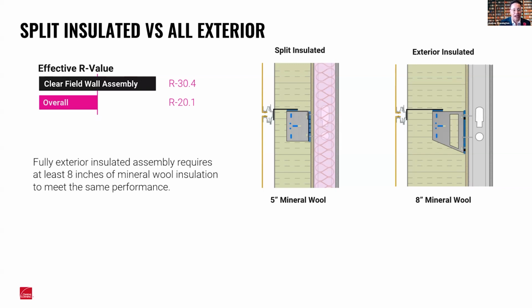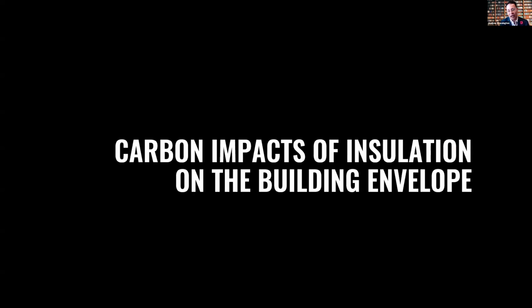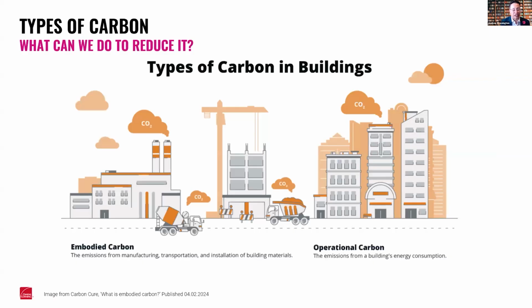There's also one more factor that I'm going to discuss when it comes to making your wall a little thinner, and that would be the carbon impacts of the insulation on the building envelope. Because when we just discussed thermal bridging and using exterior wall insulation, and we decided to cover it up, well, that's going to reduce the operational carbon that the building produces, because now the building is going to use less energy, should have a smaller mechanical system in there, would potentially use less energy that way.